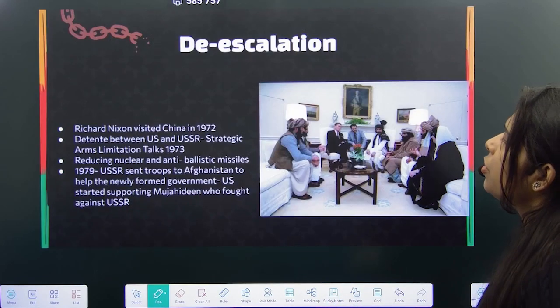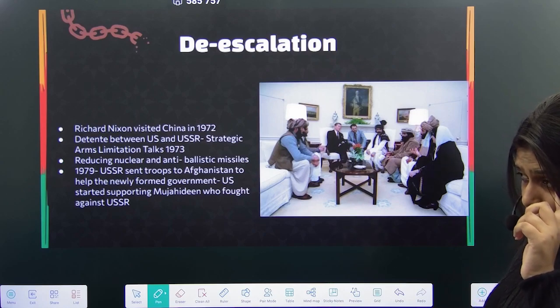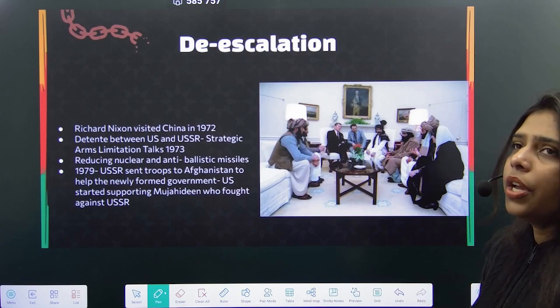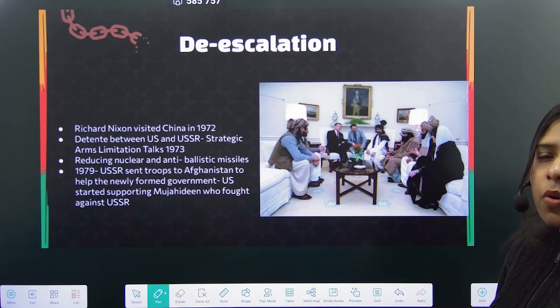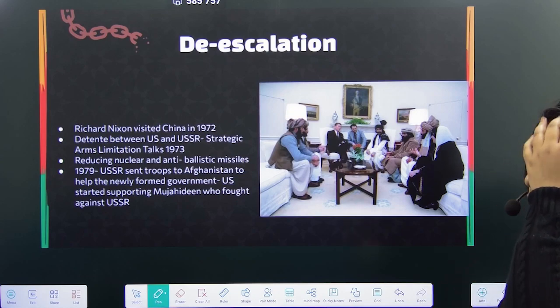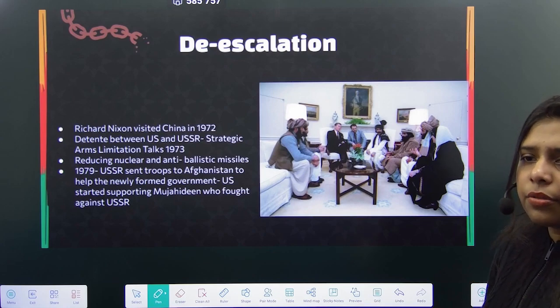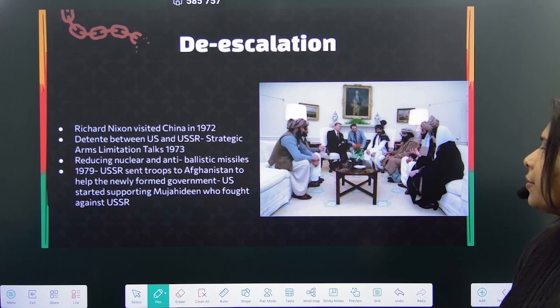Okay, coming to the concept of de-escalation now. War and the situation had escalated a lot with this Vietnam War, but simultaneously people were also seeing that America is now unnecessarily showing involvement in a lot of things around the world.